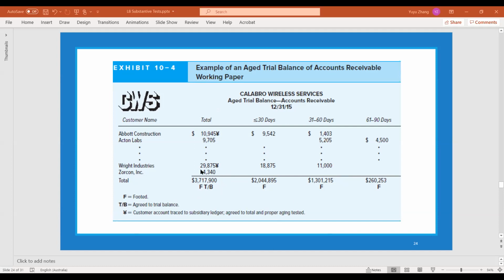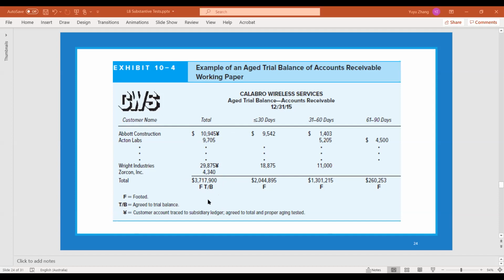We can look at the total, and we can agree the totals with the sales book, with the accounts receivable book, and also the cash receipts book, right? And also, from the totals, we can also do the calculation, do the summation of individual customers to the total accounts receivables.